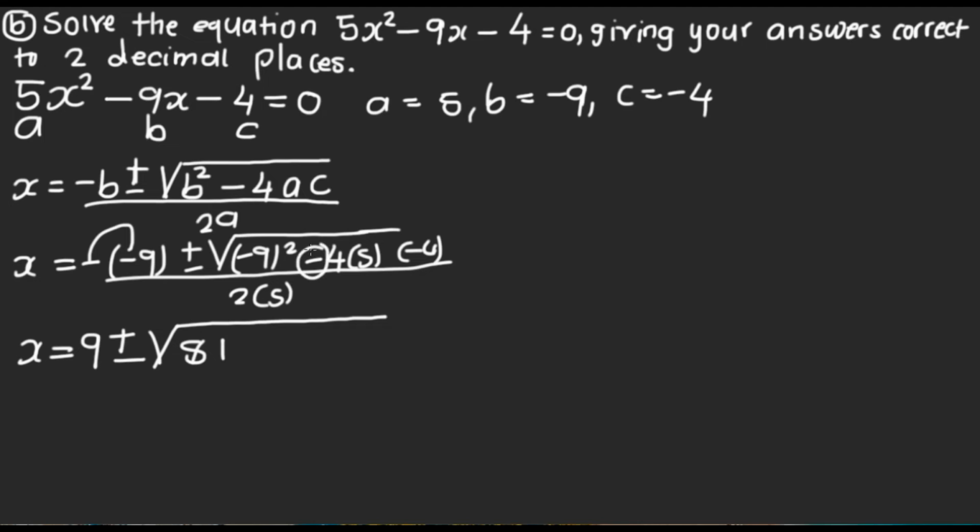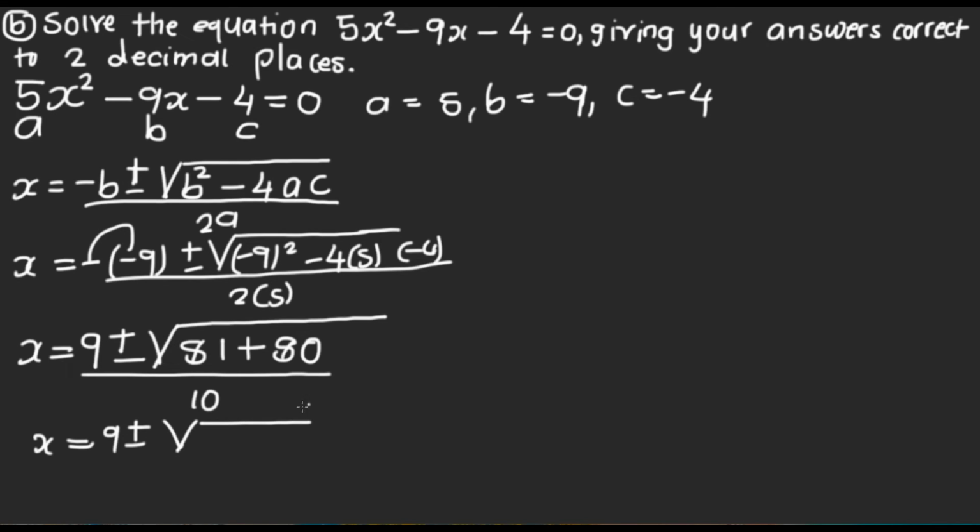Now there is this negative times this negative from 4, so we get the positive. Then we say 4 times 5 times 4, so I'm getting 80, over 2 times 5 is 10. At this point, we need first to simplify the numbers under the square root. So 80 plus 81 will give us 161 over 10.